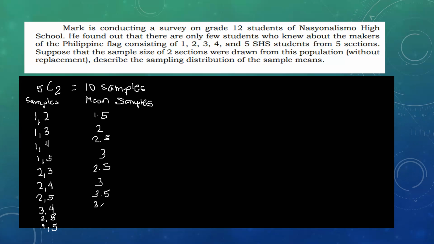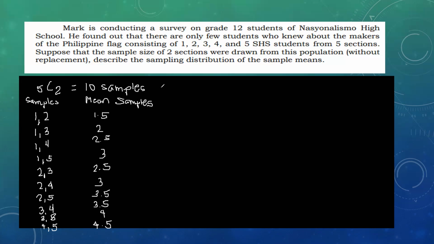That will also be 3.5 kapag divide natin. 3 plus 5, that will be 8 divided by 2, that will be 4. Then 4 plus 5, that will be 9 divided by 2 is 4.5. Okay. So we have 1.5, 2, 2.5, 3, 2.5, 3, 3.5, 3.5, 4, 4.5.